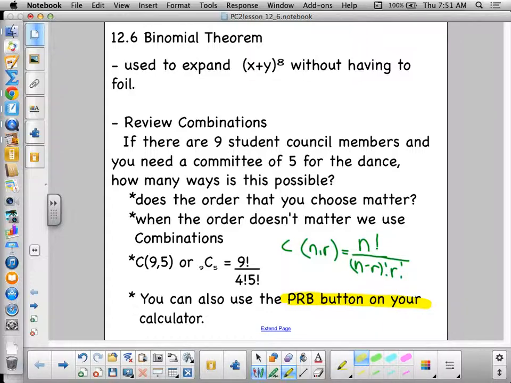Math, PRB, nCr. Math, arrow all the way over to the right column, and third choice down.